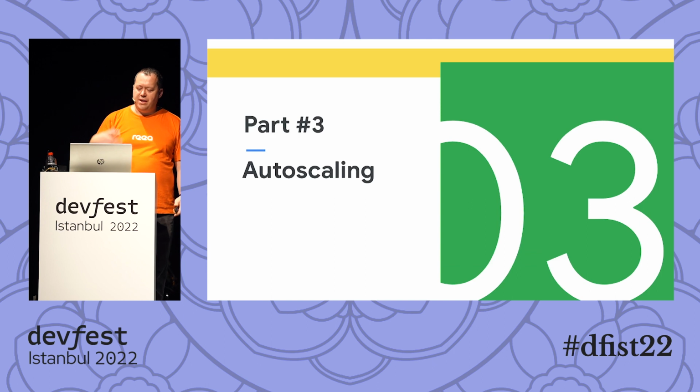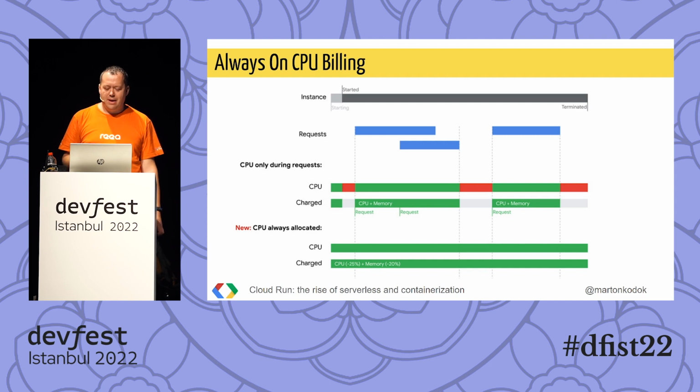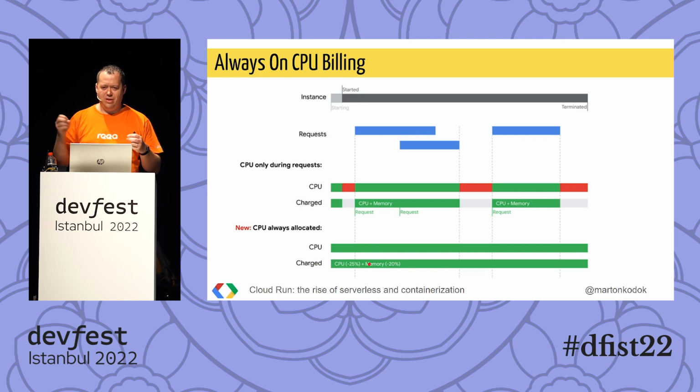But just a final word on the minimum container instances and CPU billing. I noticed that when you have the below activated, you are not charged for the request part. So it behaves as an instance for you. And it behaves and costs less than a VM.